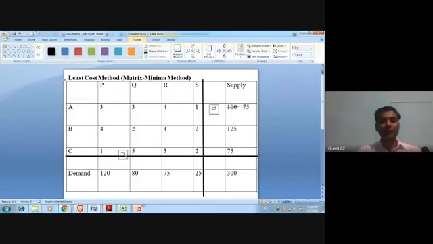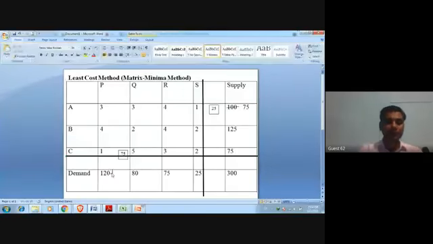Since P has got 75 units, how many units is the requirement for P? 120 minus 75, that is 45. 45 units are left with P, meaning the requirement of P is still 45 units.